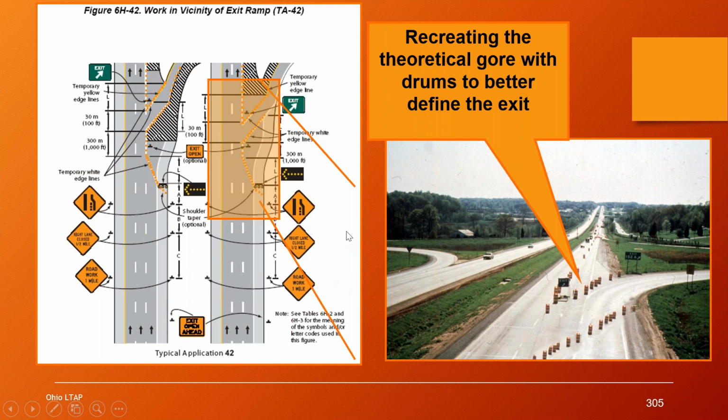So you can add a sign that says exit ramp open. See, it shows right in the typical application, exit open. And then the advanced warning sign that says exit open ahead. And then we're closing a lane, so it shows us the typical right lane closure signage package.